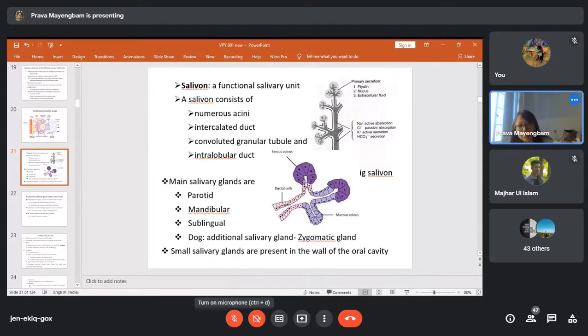Each of these acini is lined by epithelial cells, and each of these epithelial cells is going to act like a gland. That means each of these epithelial cells will have its own secretions.